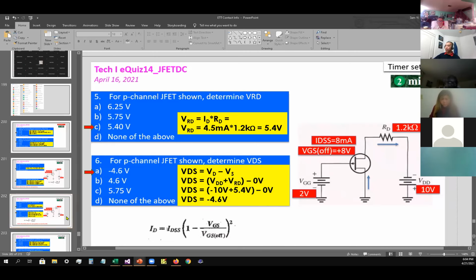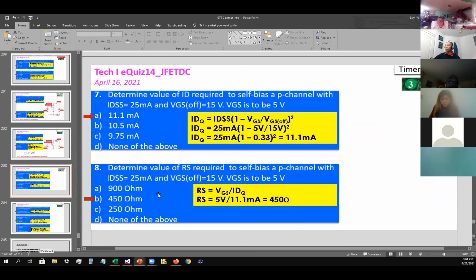Now number 7: determine the value of IDQ required to self-bias a p-channel JFET with IDSS of 25 milliamps and VGS(off) equals 15 volts. VGS is to be 5 volts.